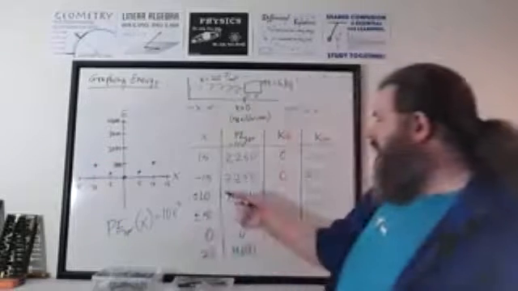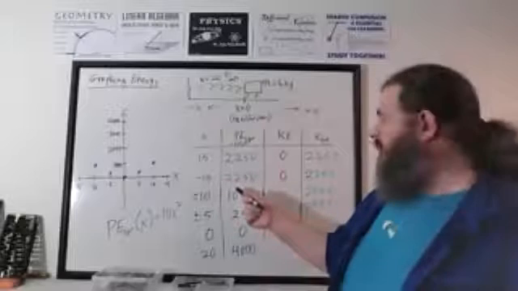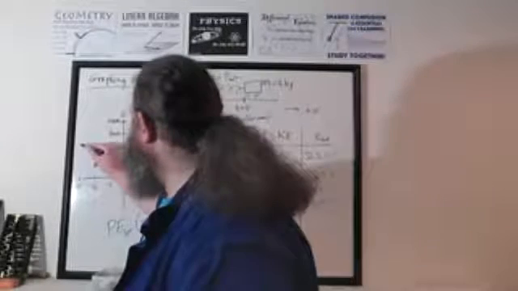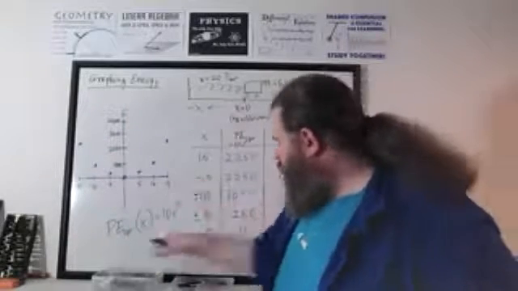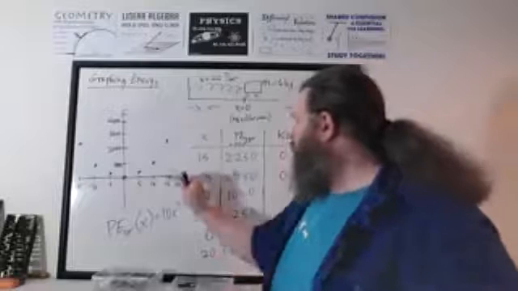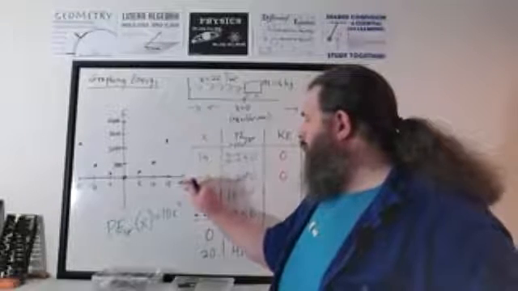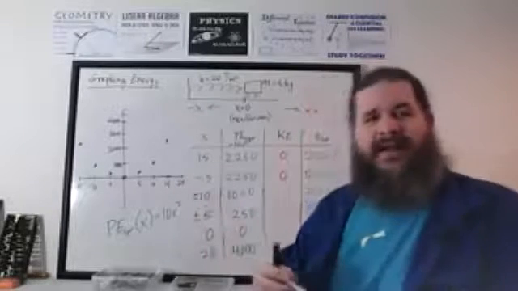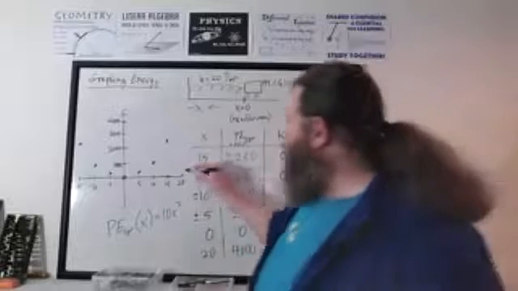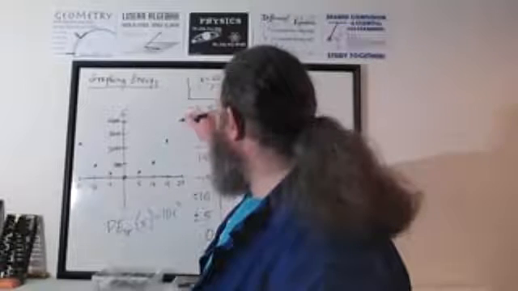When x is 15 or -15, potential energy would be 2,250. And if we took this further, if we go all the way to 20, if x is 20, which it won't be, but if x were 20, mathematically, we would expect potential energy to be 4,000.